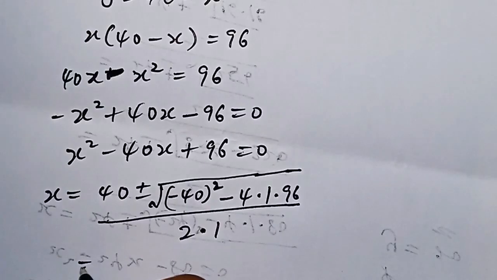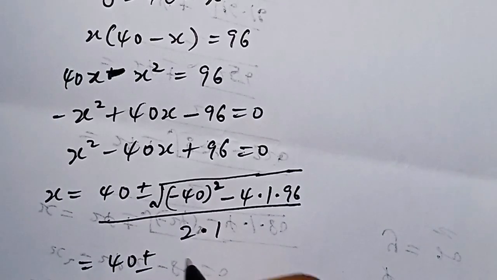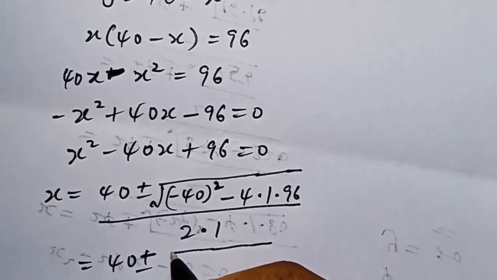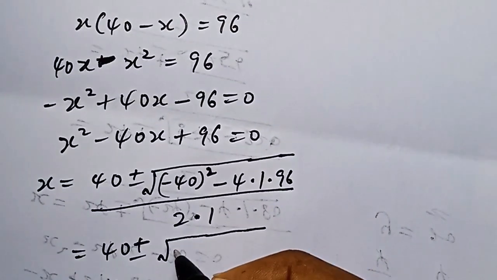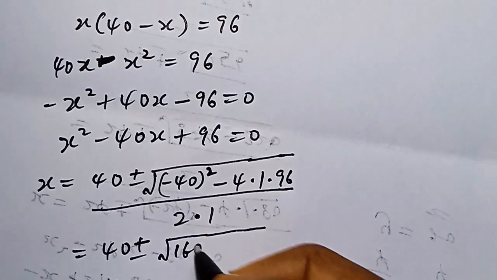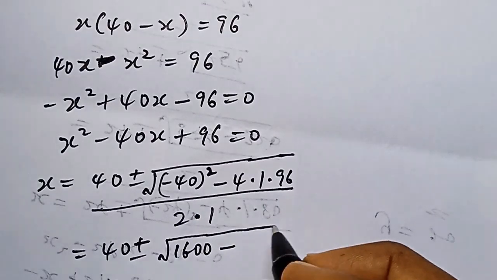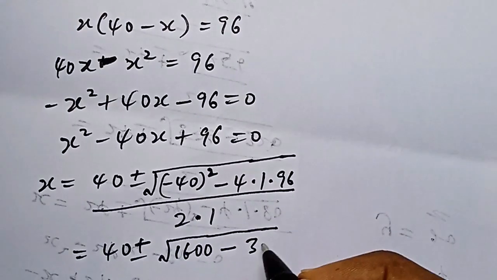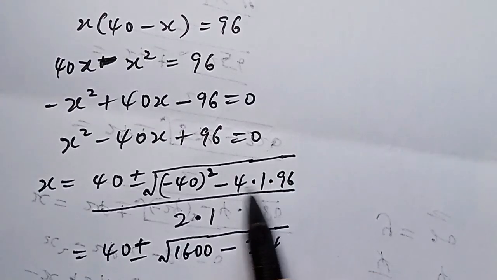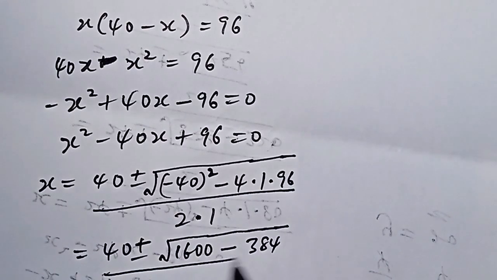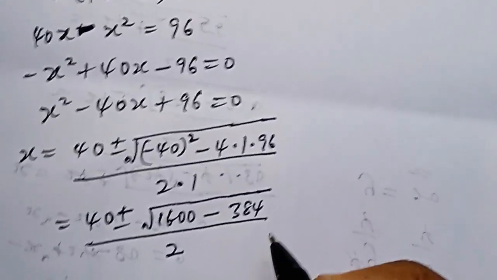Okay, so that will give us 40 plus or minus the square root. Then 40 squared will give us 1600 minus 384. If we multiply this together, all over 2.